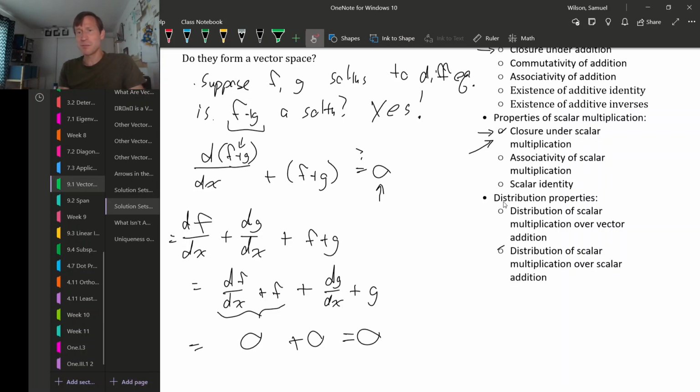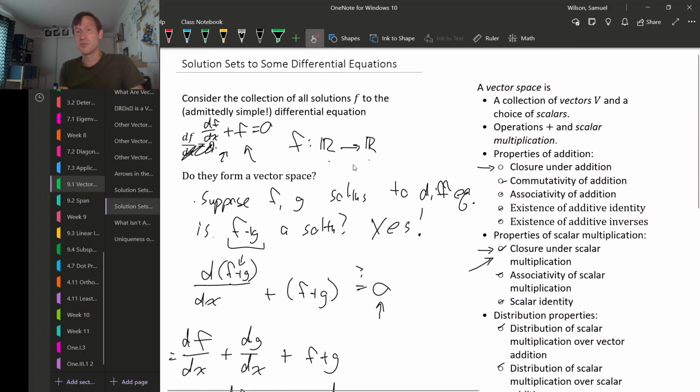All of these other properties, these are purely algebraic properties that our collection of solutions inherits from the larger collection of all functions from R to R. So that means that we have a vector space. So for this differential equation, at least, the collection of solutions forms a vector space.